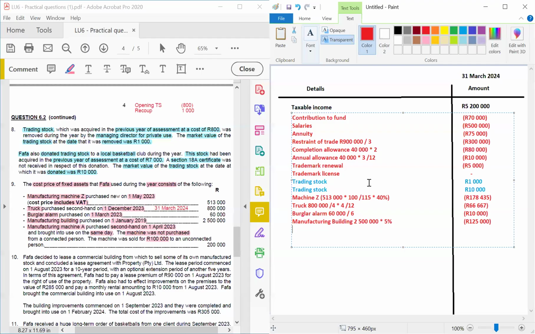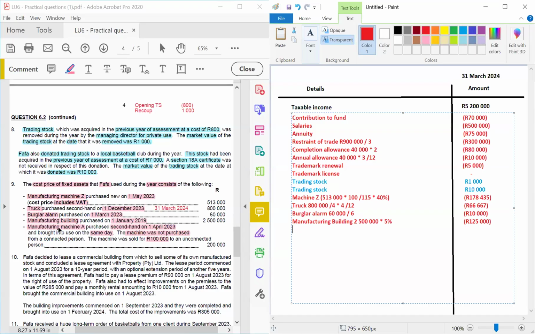Now, moving on. We have machine A. So now, this is not capital gains. Okay, obviously, there might be consequences, but now we are not going to look at capital gains.